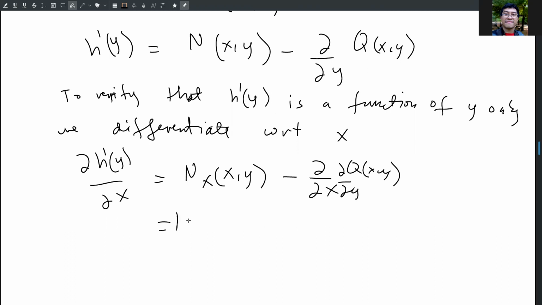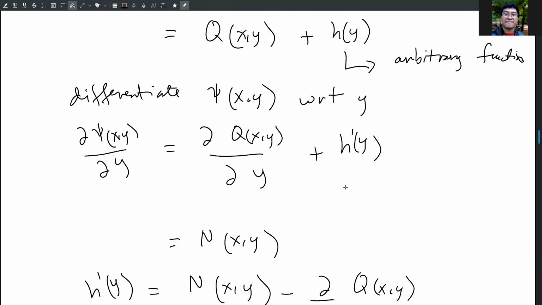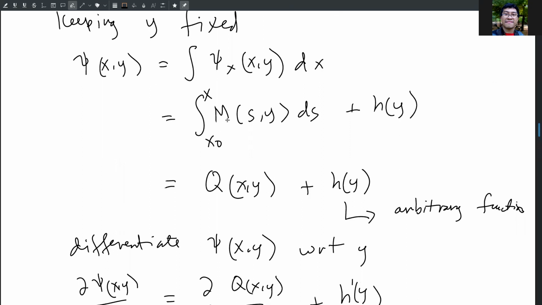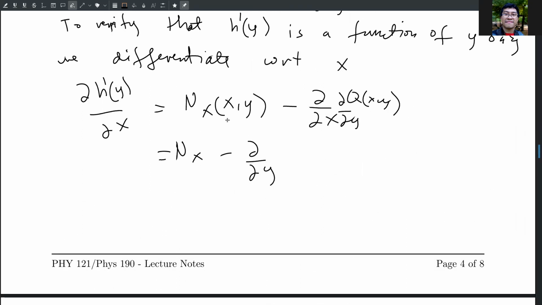Now remember, partial derivatives can interchange. So the partial of q with respect to x, that's actually our m.